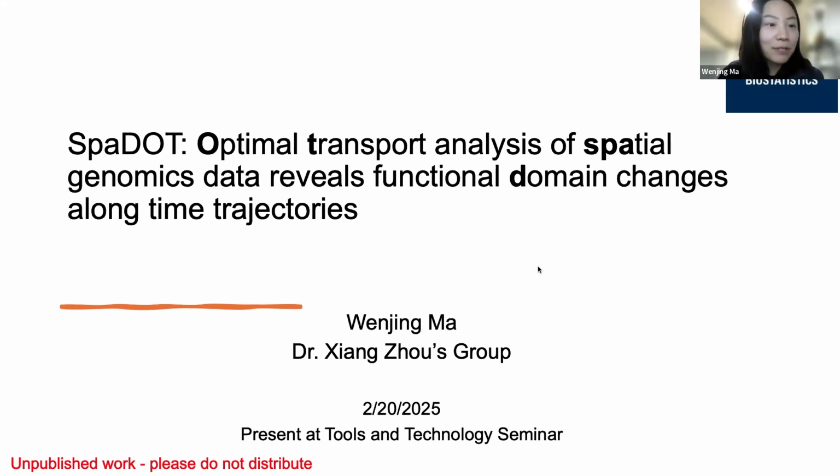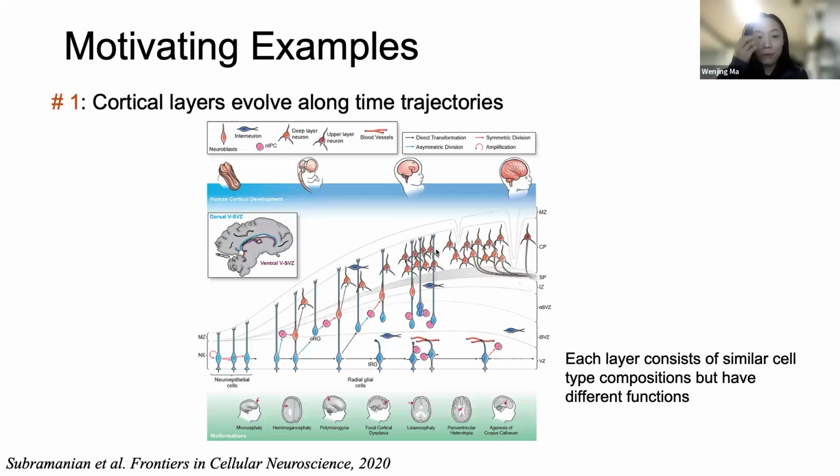So I just want to give you some motivating examples of why we are doing this. The first example is the cortical layers evolving along time trajectories. In the brain regions, there are multiple layers of different cortical regions, with 6-layer structures.